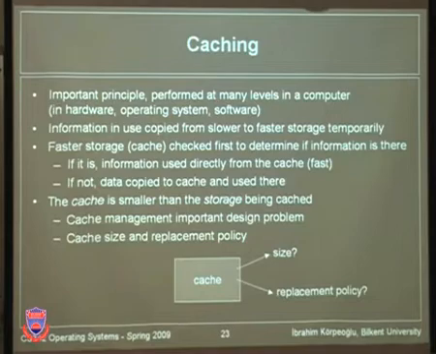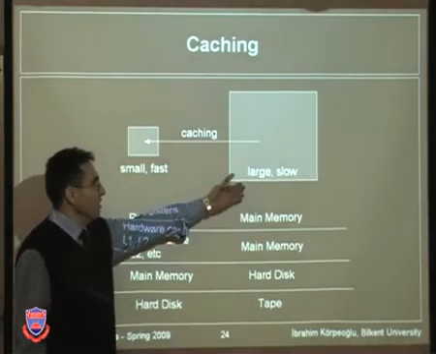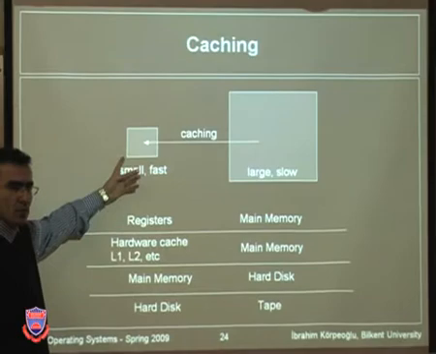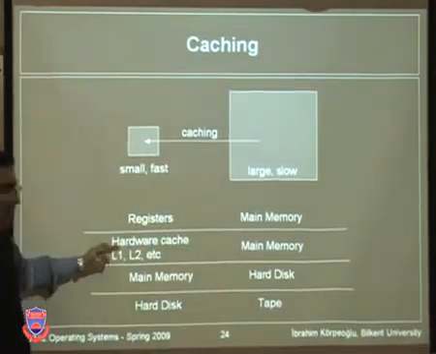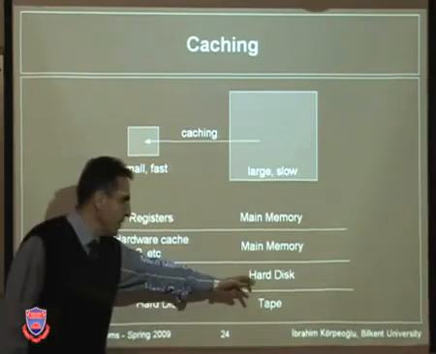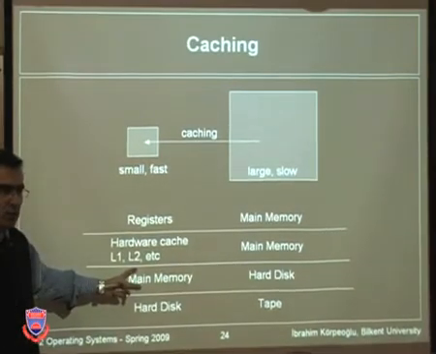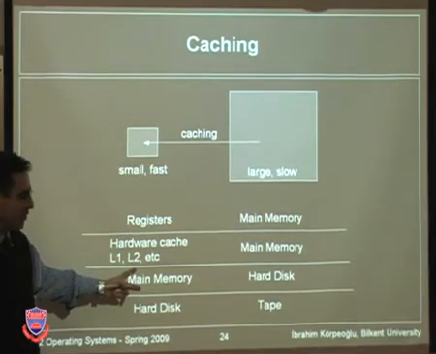It's performed at many levels in a computer. The caching idea can be applied, for example, between a large and slow storage element and a small and fast storage element, like main memory and registers, or main memory and hardware cache, or hard disk and main memory. Main memory can act as a cache for the frequently accessed files or blocks.